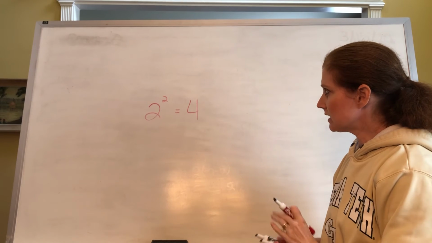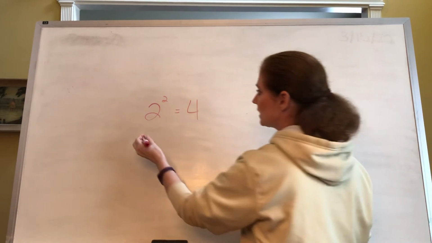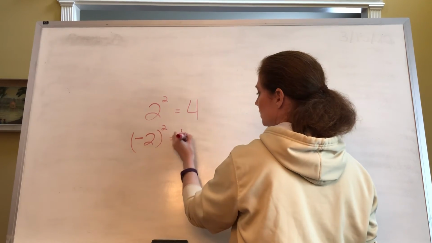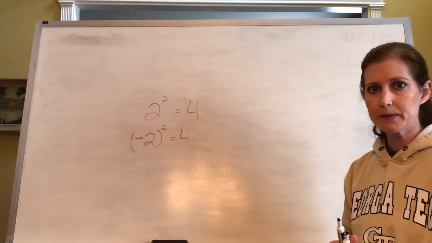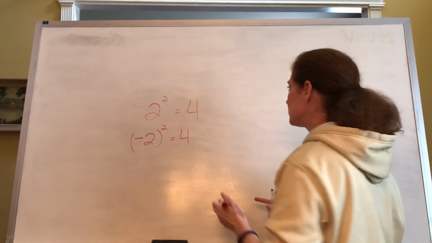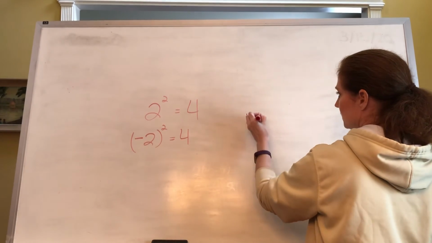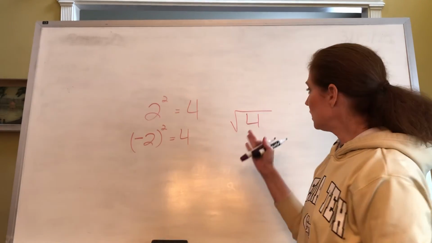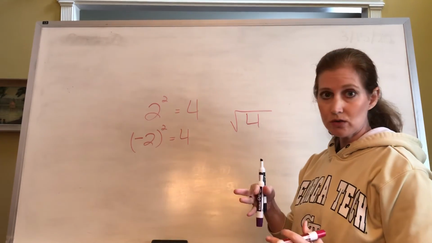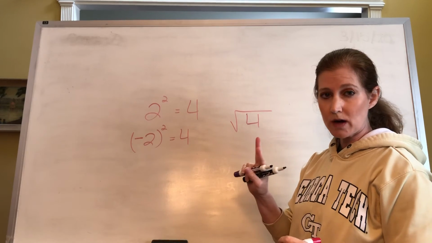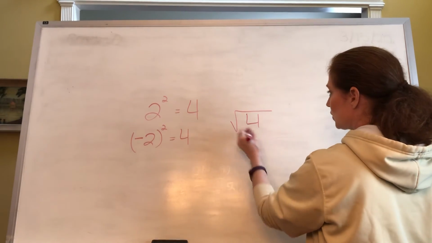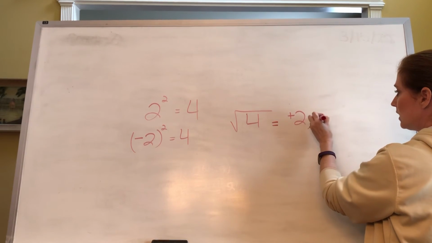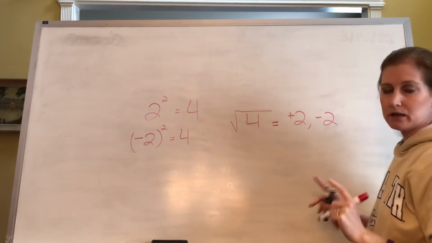And we've also said, I think we did this last week, we said negative 2 squared is also 4, okay? So when we do the backwards of this, and we're looking at 4, and we take the square root, and we've always said that that is 2, we need to remember that there's actually 2 possible numbers. That the square root of 4 is positive 2, and it can also be negative 2.